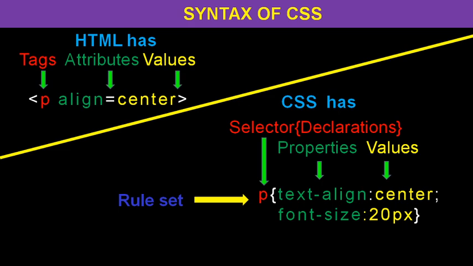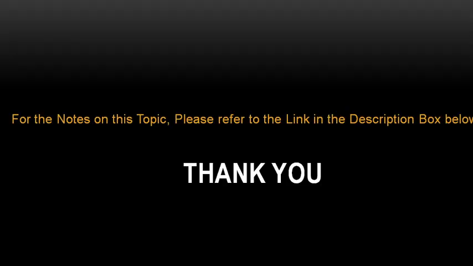We have seen different properties of CSS. Then we have seen the types of CSS, that is inline CSS, internal CSS and external CSS. We have also seen the method or the syntax of writing CSS codes. That's all for today's lecture.